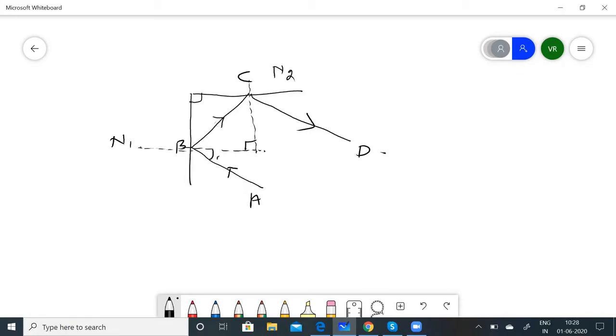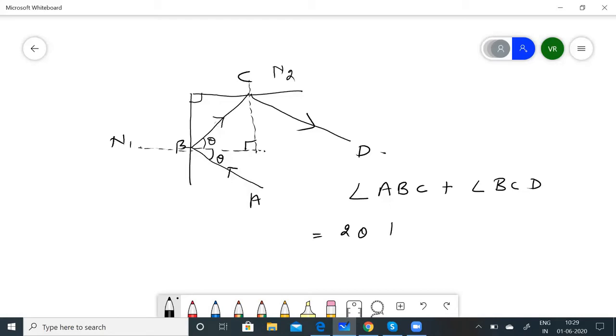Let us say this angle is theta. Now you can see that angle ABC plus angle BCD will be equal to, so this is theta, this will also be theta, so 2 theta, and you know this is 90 degrees.